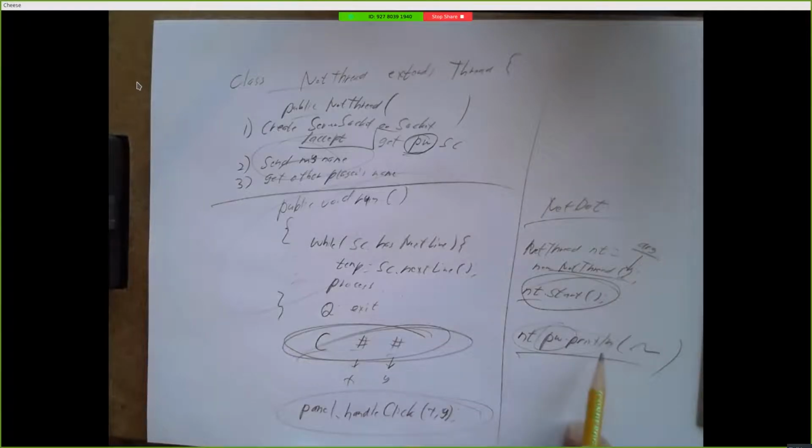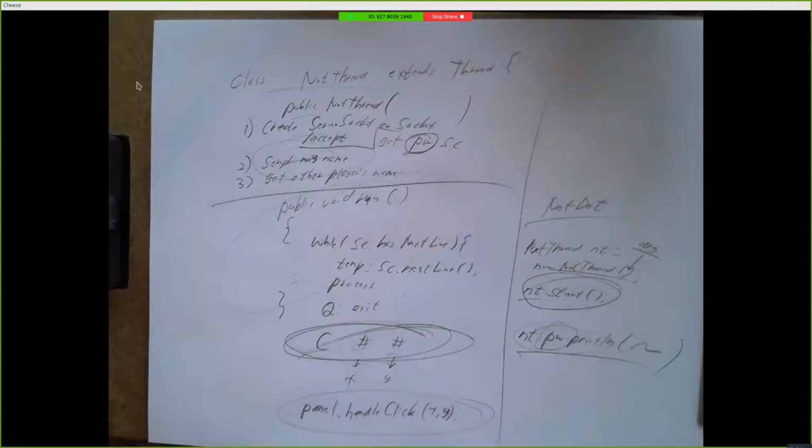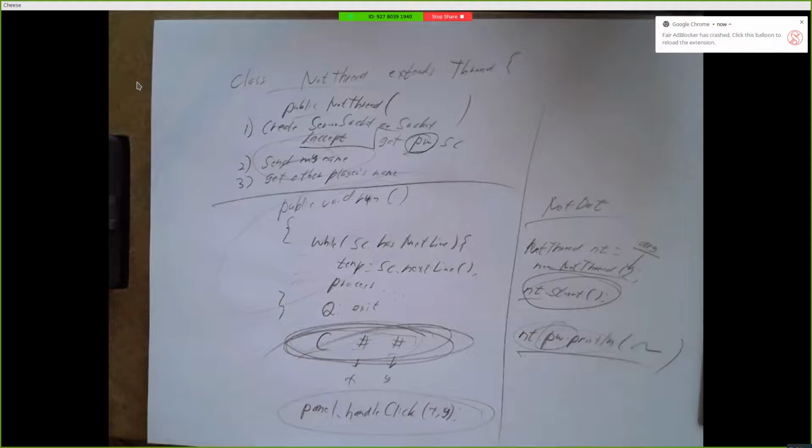So printWriter.println this string, or C plus X plus a space plus Y. And on the other side, they're going to use their scanner object, and they're going to read it out.